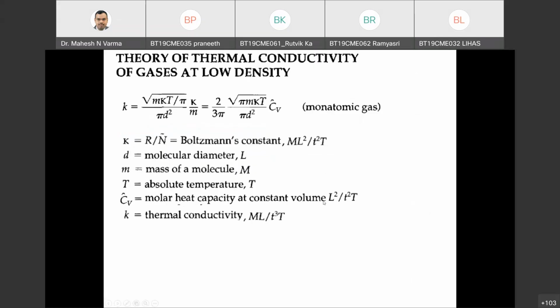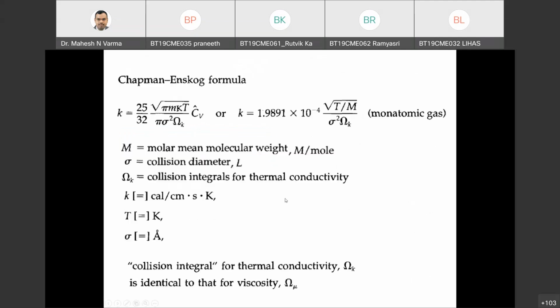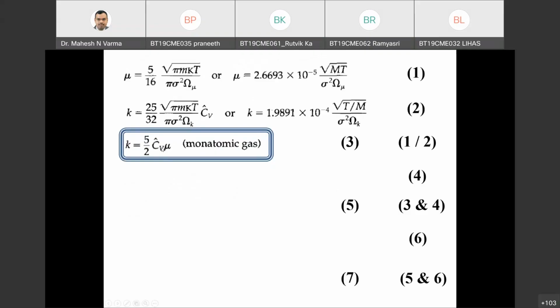Not specific volume, molar heat capacity. CV is the molar heat capacity at constant volume. If the molar heat capacity at constant volume and viscosity are given, I can get the thermal conductivity of that gas.